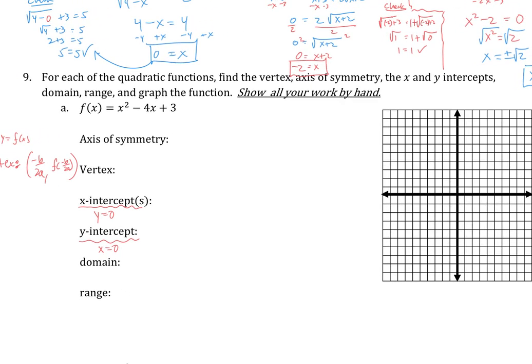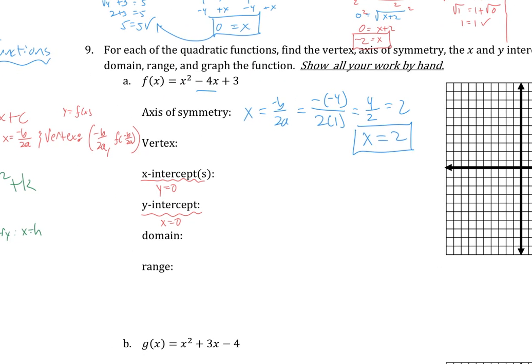Okay, let's work on that here. So we have an axis of symmetry, which we just reviewed: x equals negative b over 2a. Negative b is negative negative 4, over 2a. A is 1. So that is 4 over 2, which is 2. The axis of symmetry is an equation: x equals 2. Do not say that the axis of symmetry is just 2. It's an equation, x equals 2. So to find the vertex, we need to find f of 2.